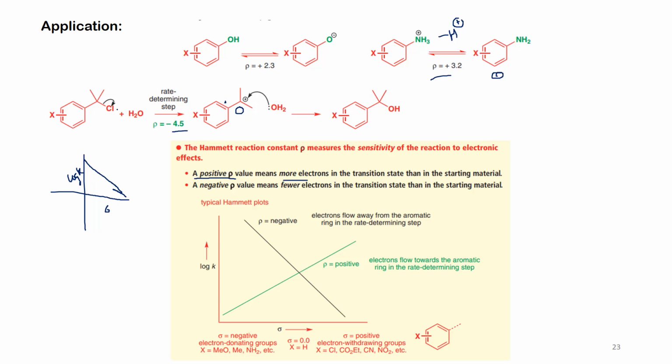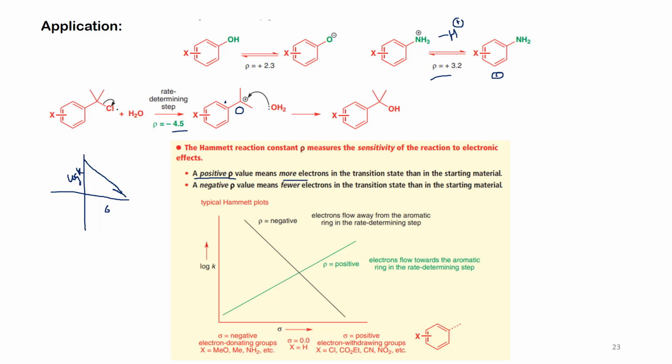Okay, understood? So from this, if your rho value is positive, you can understand that the reaction is going through a carbanion intermediate or any anionic intermediate, or the product which you are getting is not an electron deficient product.